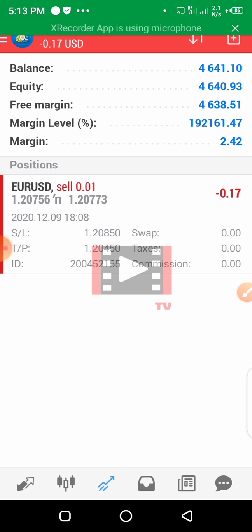If you lose 10 pips, you cannot lose more than that, and 10 pips with 0.01 is just $1, because 0.01 lot size per pip is just 10 cents, and 10 times 10 cents is $1. So if it hits our stop loss, we are losing just $1. This is good for beginners.